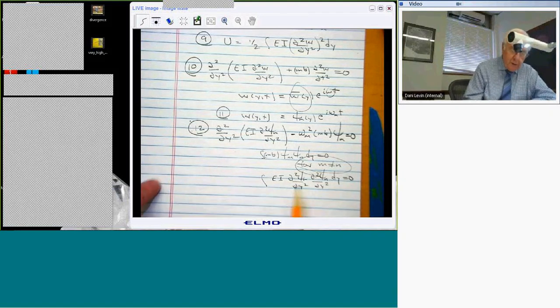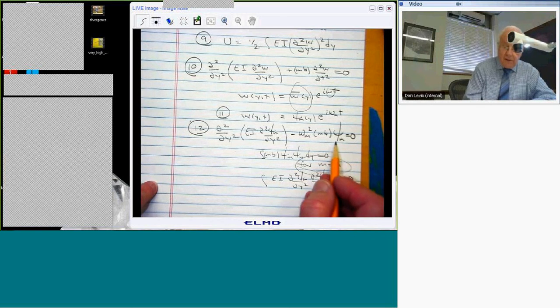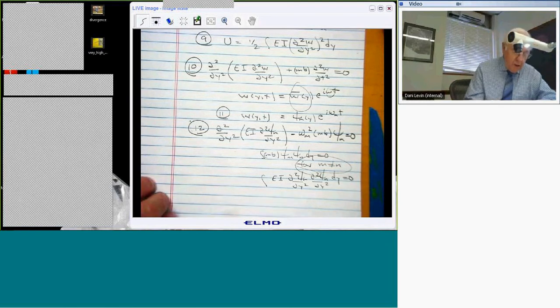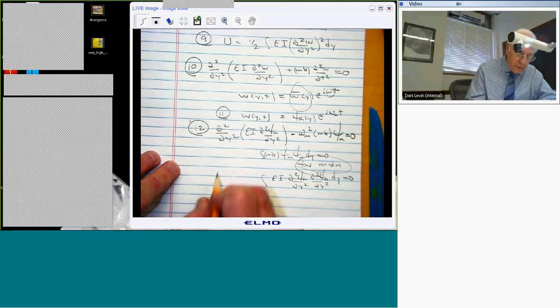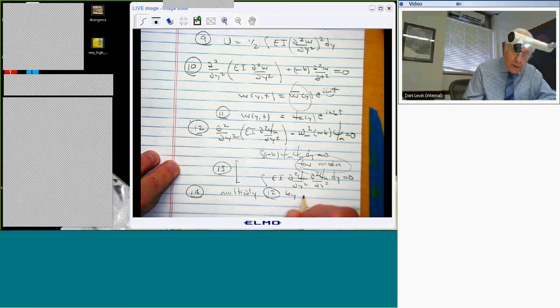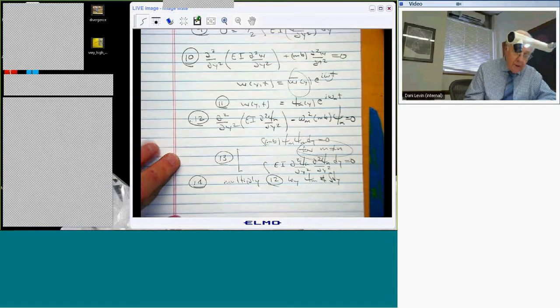Well, we can take just this equation, which I'll call 13, and multiply equation 12 by psi_m and integrate. We're not going to use orthogonality now.